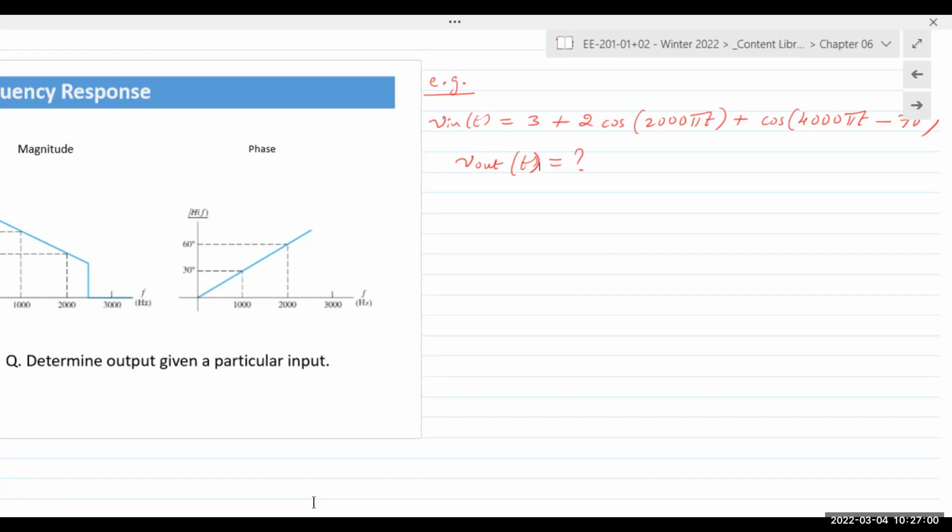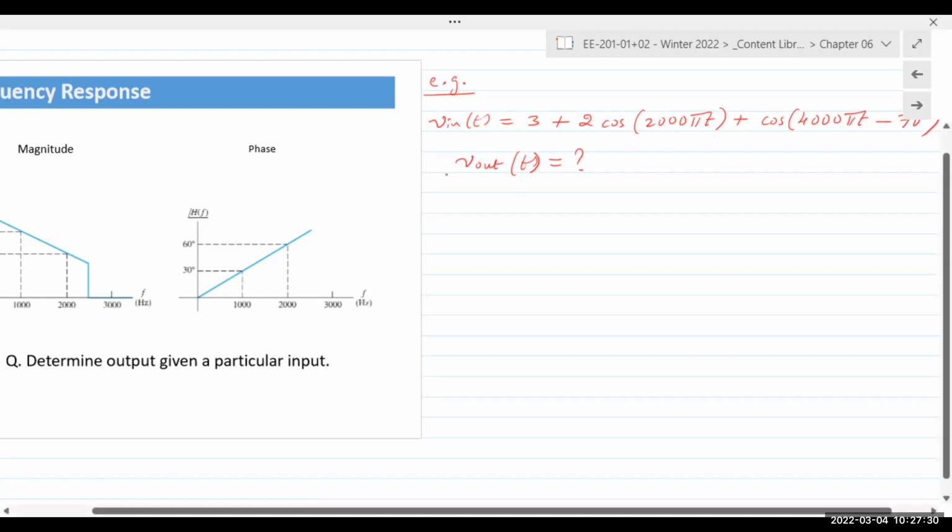So we cannot combine these 3 components. If we cannot combine, we just find the individual answers and then leave the answer exactly the way the input is given to us, as 3 separate components: V in 1 plus V in 2 plus V in 3, and that's it. So that's the first thing that you should inspect, whether the frequencies are the same or not. If they're not the same, we cannot add or subtract these components.